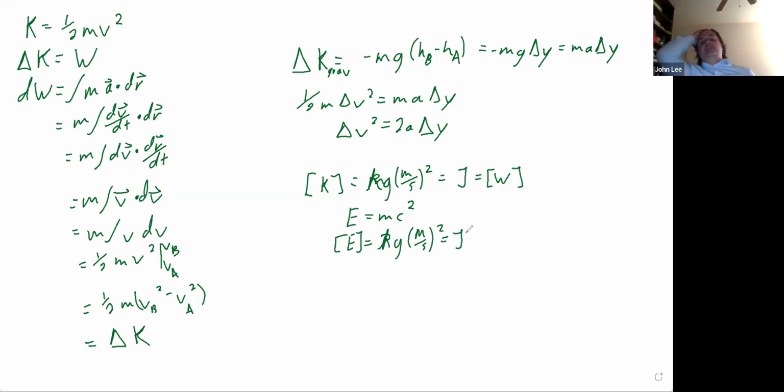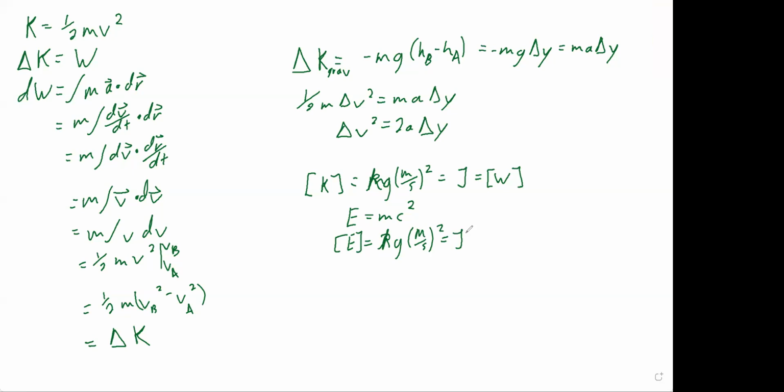So if you need to remember what the units of the joule are in terms of your other scientific units, your masses, your lengths, and your times, then just remember Einstein's equation, E equals mc squared, and that's a pretty easy way to make sure you're getting the right units.